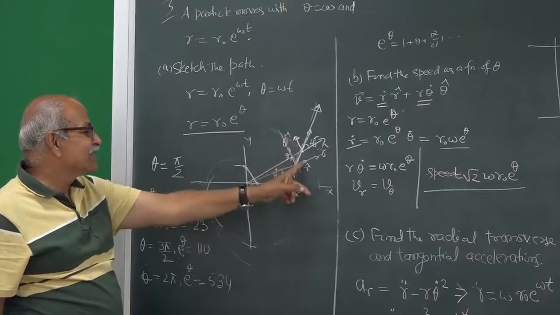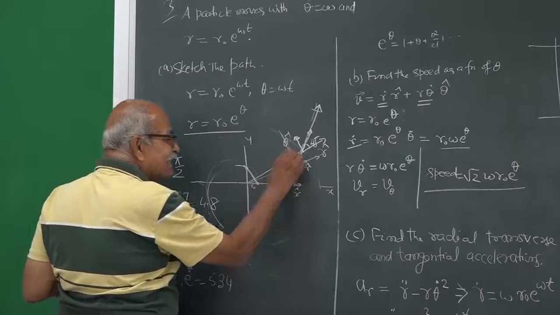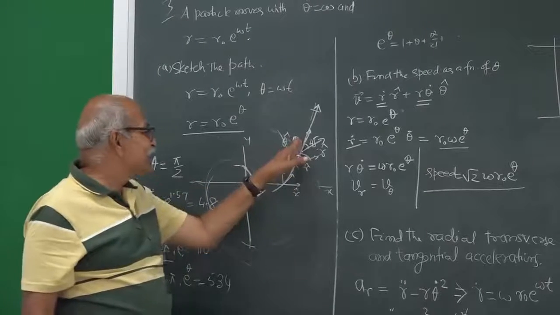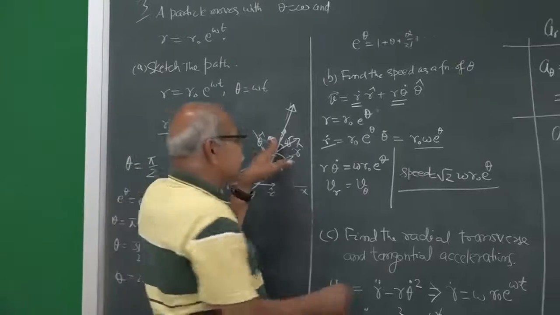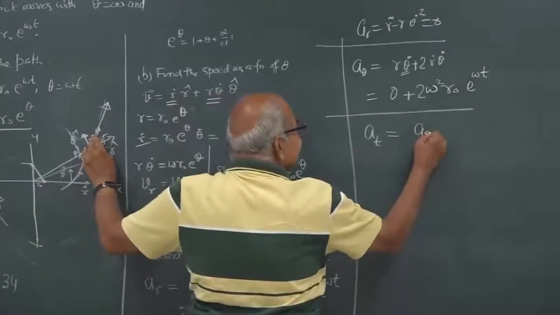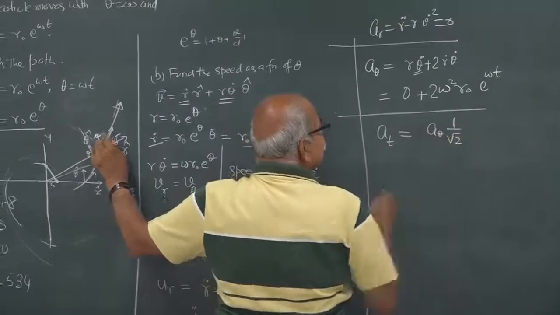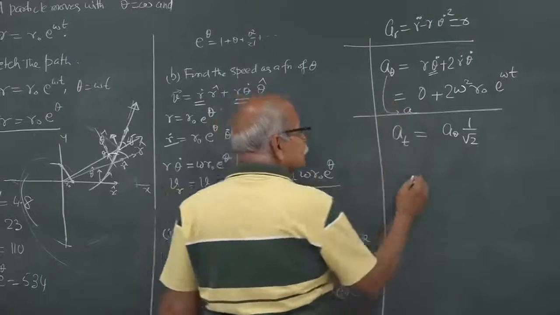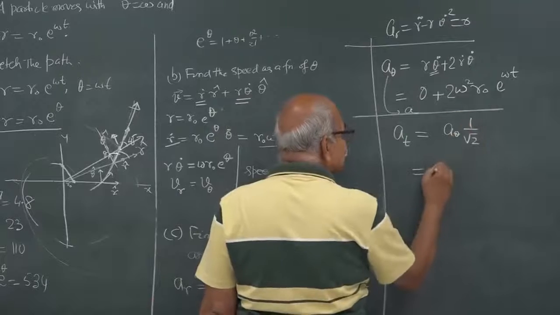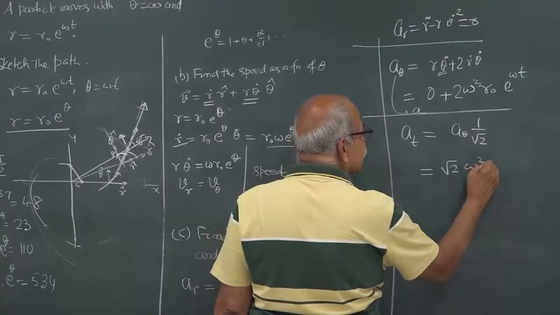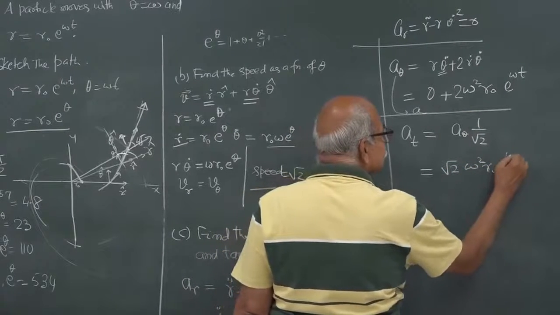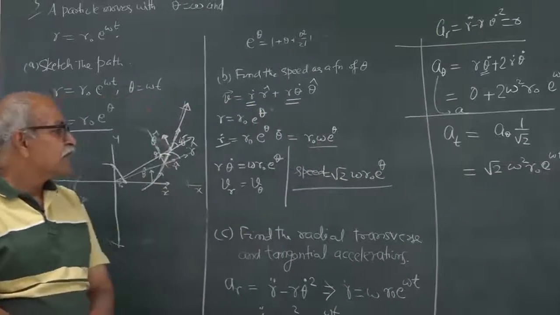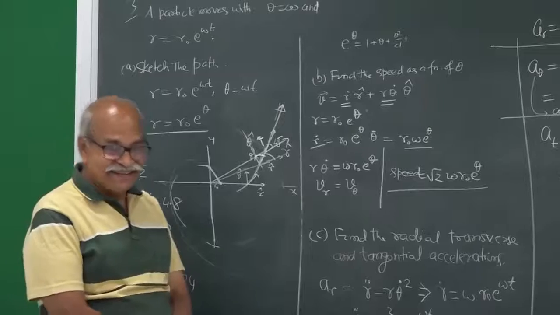Since we have seen that this angle is 45 degree, cos of 45 degree is 1 by root 2, and therefore this is a theta times 1 by root 2. A theta is the full acceleration. So, this is root 2 times omega square r naught e power omega t, or e power theta if you so wish. That gives you the tangential acceleration.